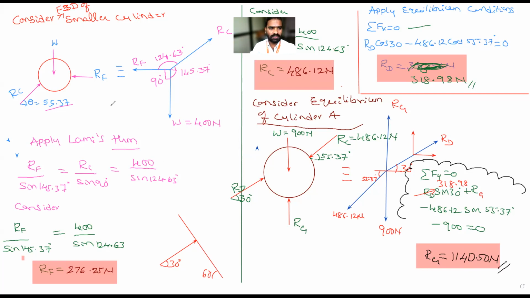So from the first cylinder, I got the values of RF and RC, two unknowns. From the second cylinder, the bigger cylinder, I got two unknowns, RD and RG. So finally you have to write the answers: RF, RC, RD, RG.